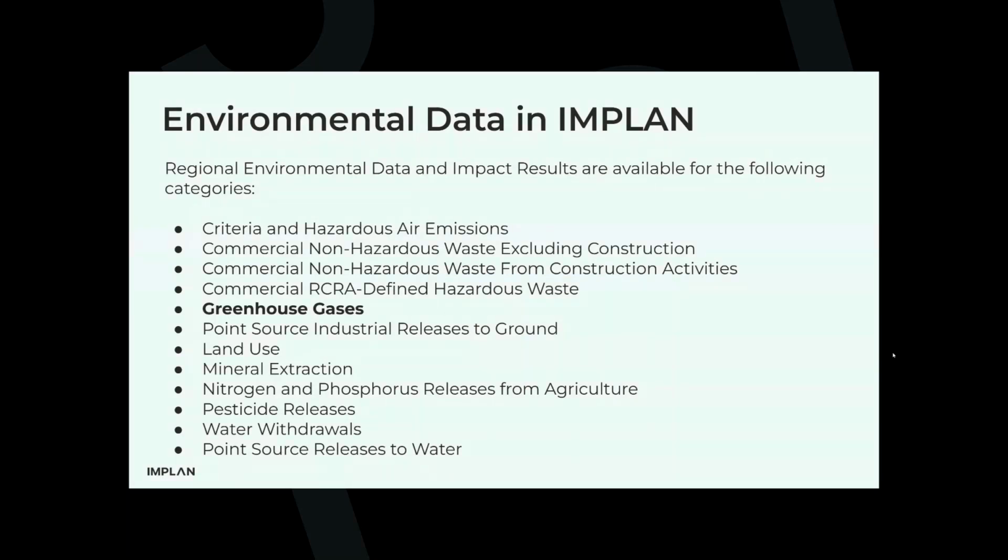You can see environmental outputs across these different categories for the underlying data of a region to get a sense of the carbon footprint across these categories for a given region. Or you can also see environmental outputs across these categories in our results to get the true environmental impact associated with your economic impact. For today, we're going to be focusing specifically on greenhouse gases.